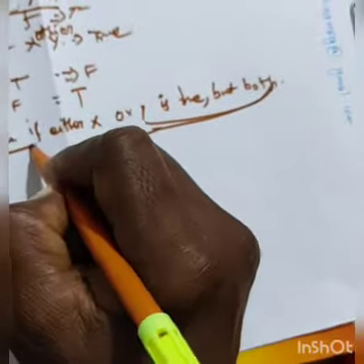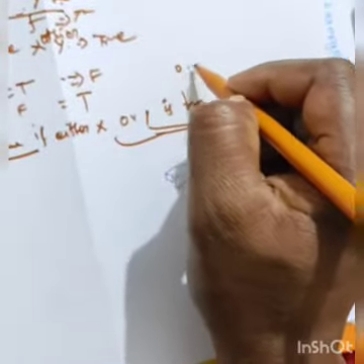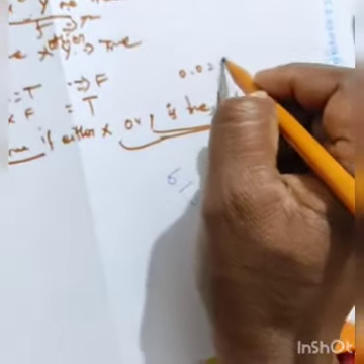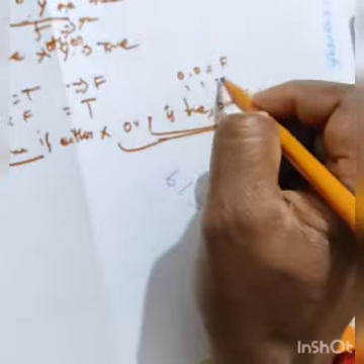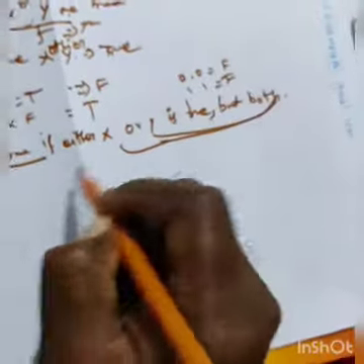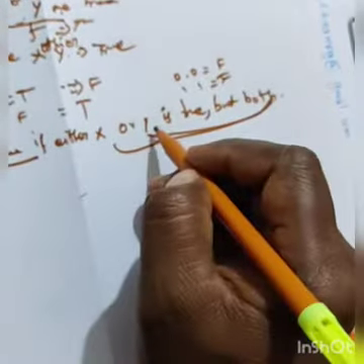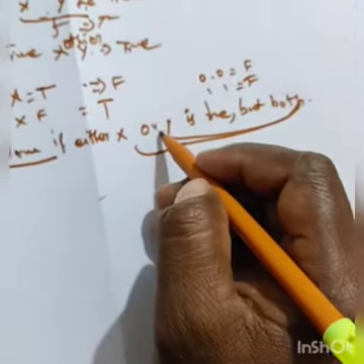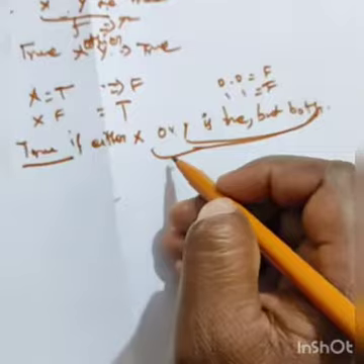In case both values are false, then it is false. One false means false. So either or, both values are different, then it is true. This is the thing.